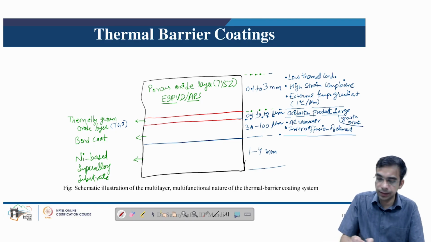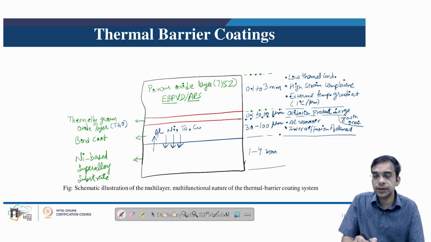Which elements are there? As we know, in the nickel-based superalloy, nickel is the predominant element, but other than that we have aluminium which goes into the bond coat, and from the bond coat we can have other elements coming into the nickel-based superalloy, which include nickel, tantalum, cobalt.